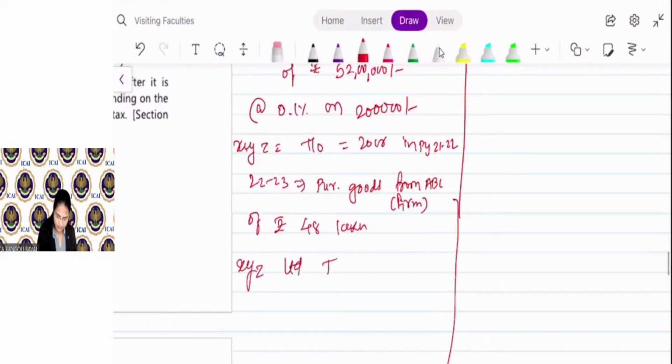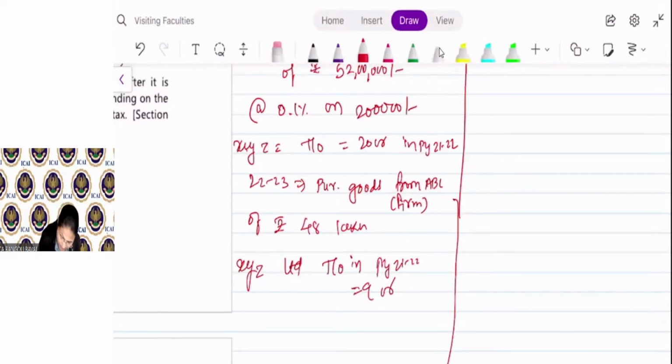XYZ Limited, turnover in previous year 21-22 is 9 crore. The 50 lakh limit is aggregate for the year, seller-wise. In previous year 21-22, the turnover is 9 crore.